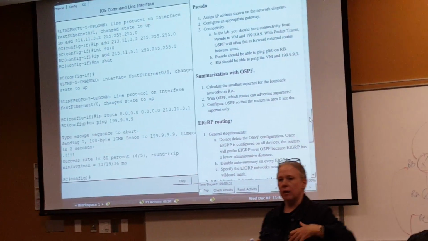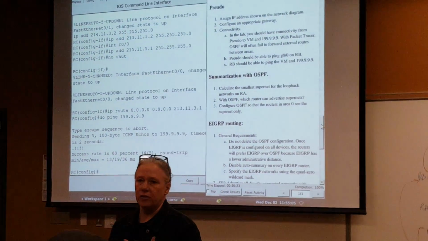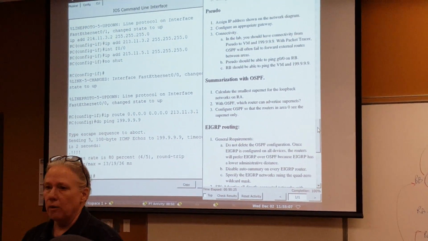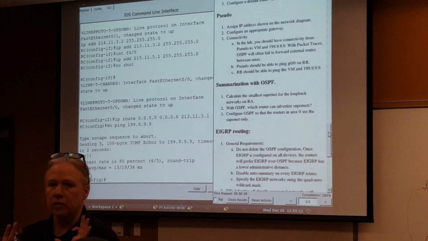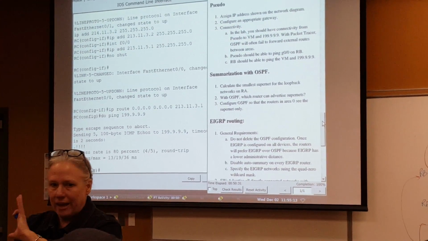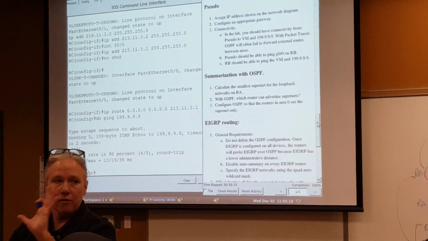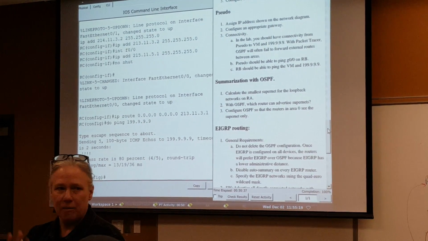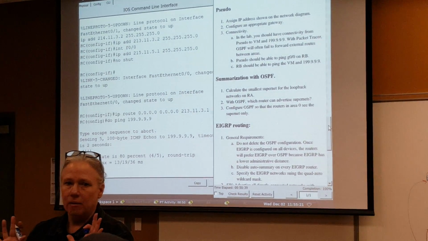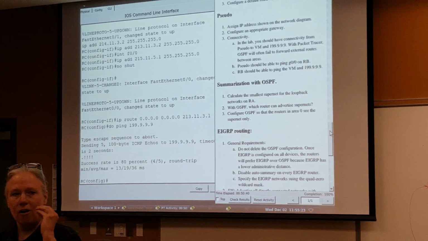The only other thing that I wanted to talk about was the summarization with OSPF, and then we'll look at EIGRP for IPv6. You will get OSPF for either IPv4 or IPv6, EIGRP for either IPv4 or IPv6, but it won't be all four.